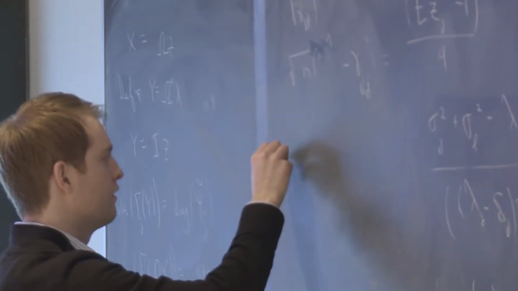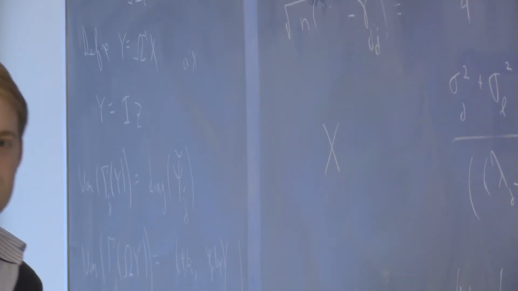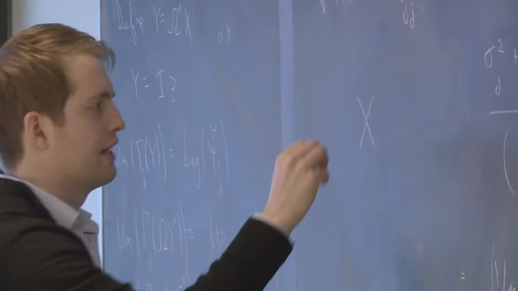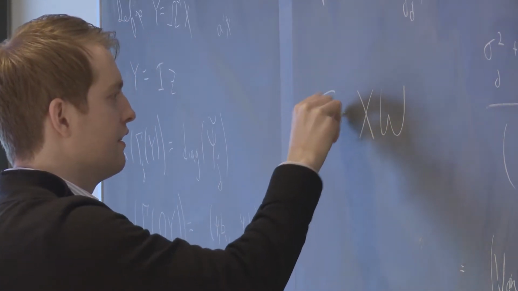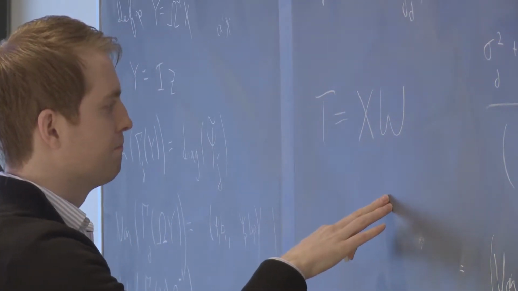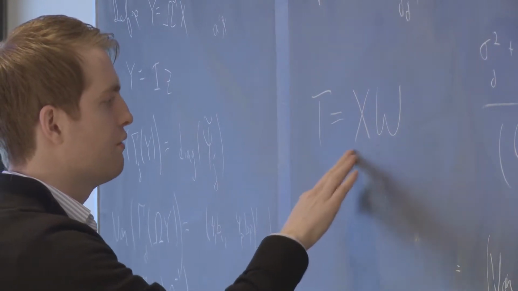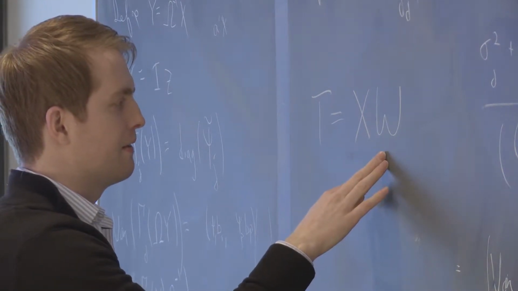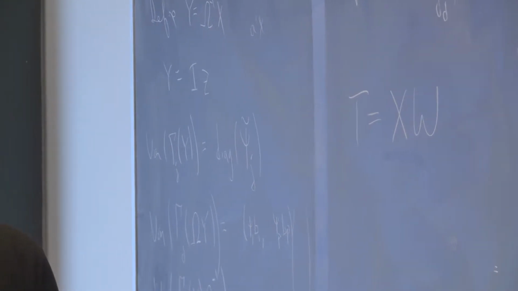So this is your data matrix, and basically you want to express it in a coordinate system where you don't need all the dimensions.